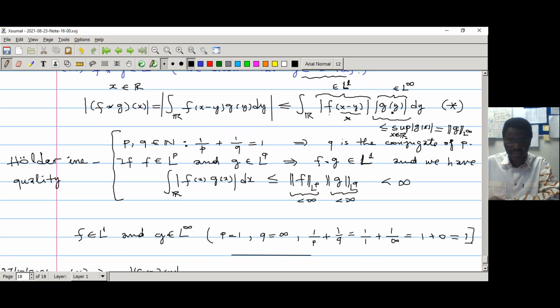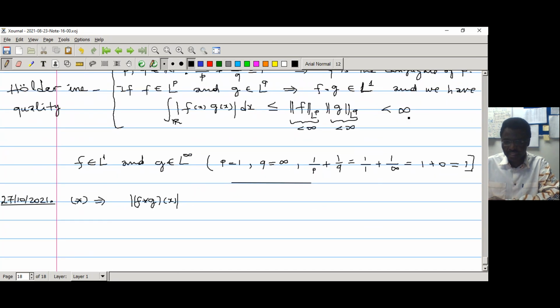So I'll write the second inequality directly. So I will say this is less than or equal to this integral, the absolute value of f of minus y, and then we have this dy.